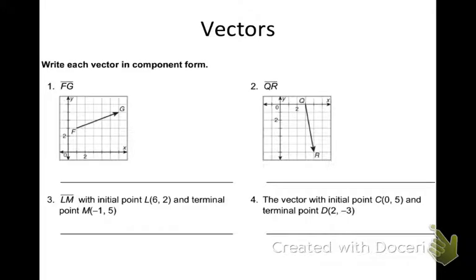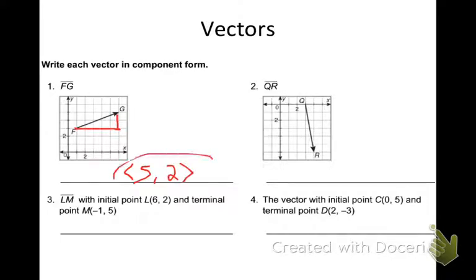So vectors here. I want to write each vector in component form. So number 1, I am going from F to G. If I'm going to go from F to G, I'm going to go over how many here? 5, yeah. I go over 5, and I'm going to go up 2.